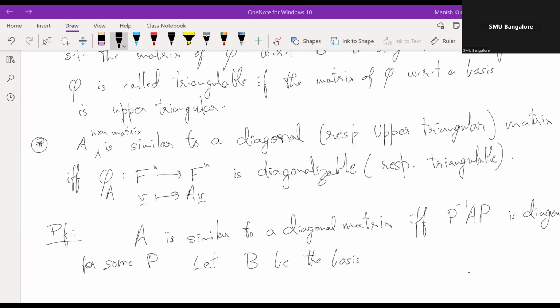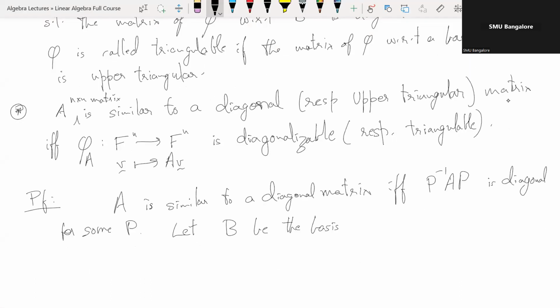So for the standard basis, the matrix is A. Now we want to change the basis so that it becomes P inverse AP. So P is the change of basis matrix, and you take B to be the basis consisting of Pe_1 to Pe_n. You apply P to the standard basis vectors.